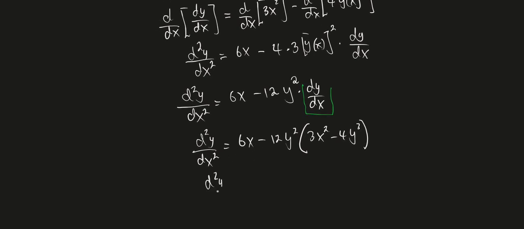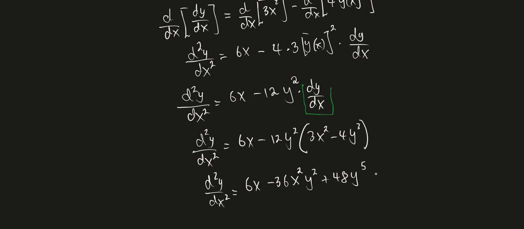So our second derivative is equal to 6x, and then distributing the negative 12y squared, we'll get negative 36 x squared y squared, and then distributing again the negative 12y squared to this term gives me a positive 48 y to the fifth when I add those exponents. So I have y to the fifth there. So this now gives me the second derivative in terms of x and y alone.